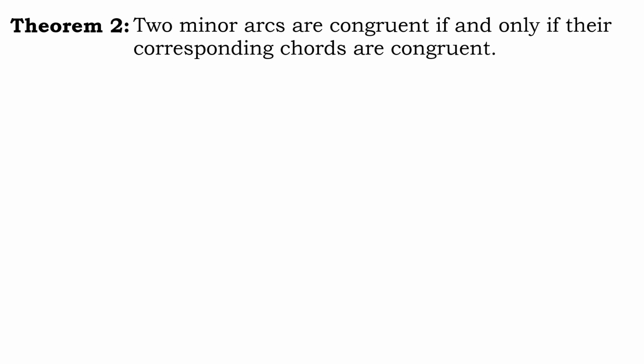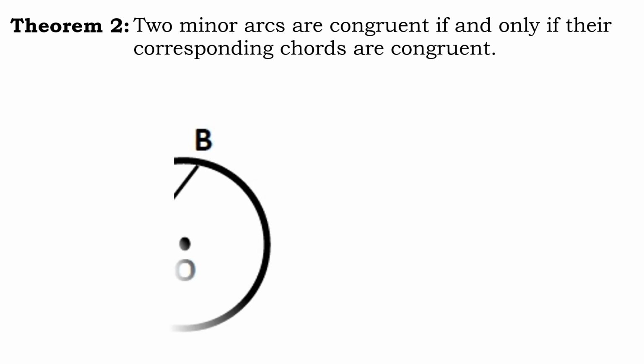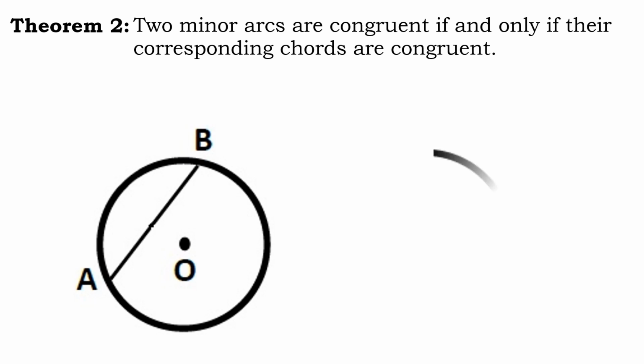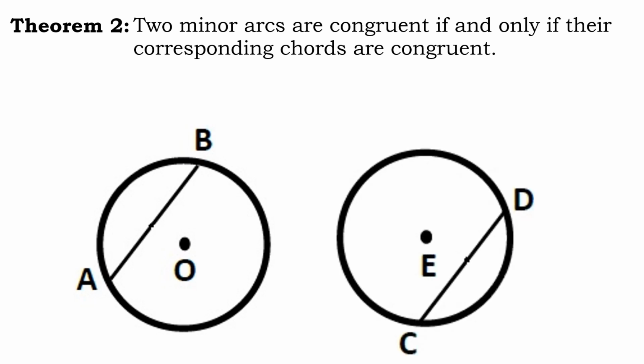Theorem number 2. Theorem number 2 states that two minor arcs are congruent if and only if their corresponding chords are congruent. Given circle O and circle E. Illustration.